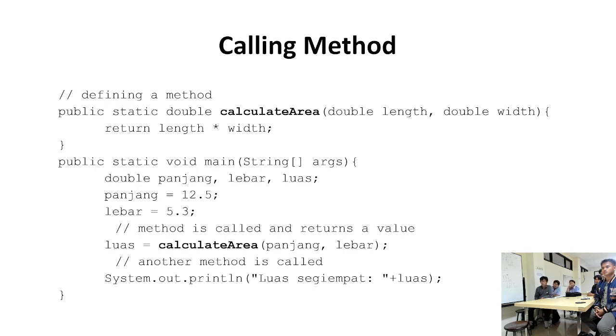Although you create a nested class, you can create two main methods, only one main method. So when you create a method named calculateArea with two properties, length and width, which returns length cross width, we can call it using main.